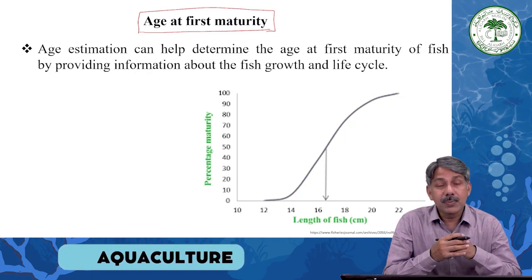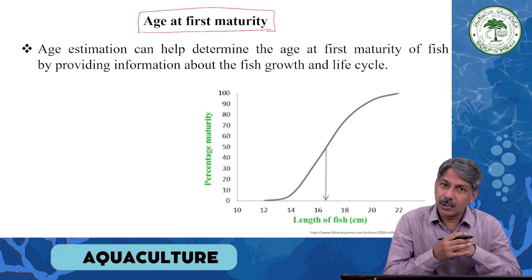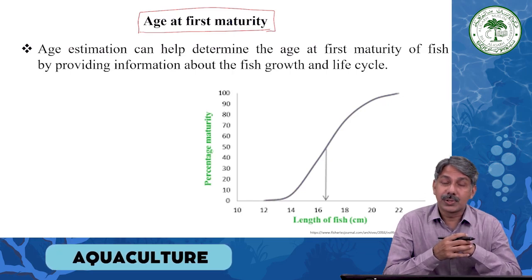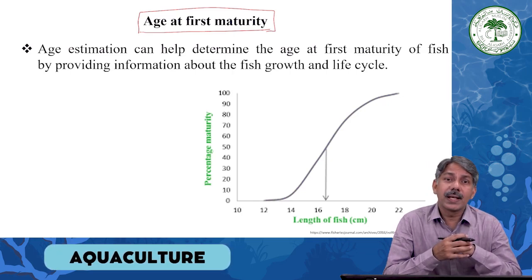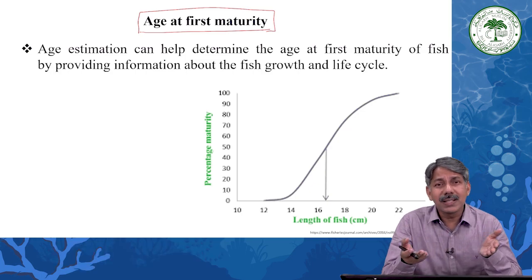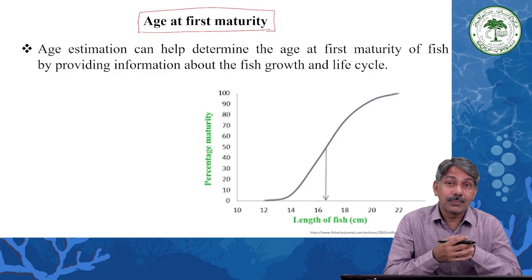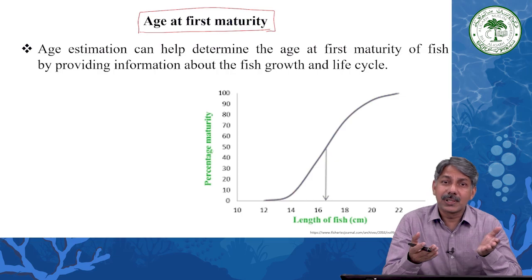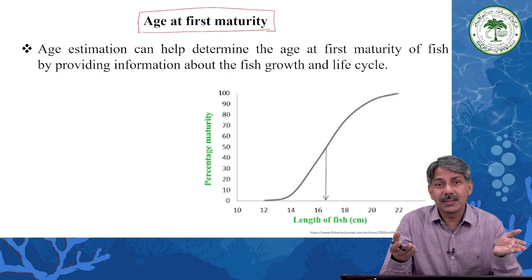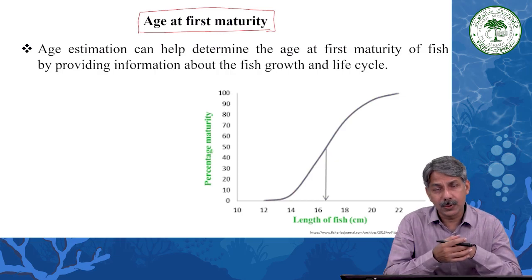Here, age at first maturity is very crucial, very important. There are certain fish species which may show maturity when they are 1+ year age group or 2+ year age group, but there are certain fishes which show maturity at a very later stage. For example, some fishes may show maturity at 5+ or 6+ year age group.